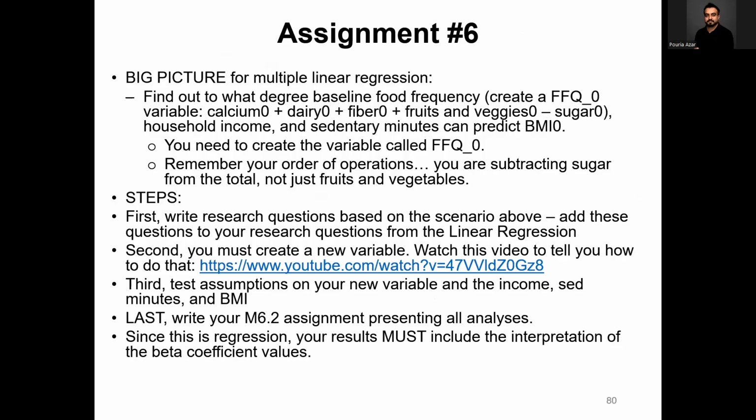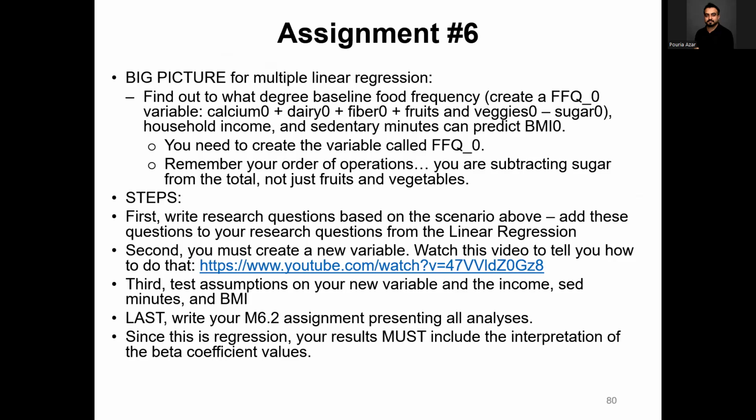For the second part of the assignment, you will have to run one multiple linear regression to find out to what degree baseline food frequency, household income and sedentary minutes can predict BMI at baseline. You need to create a variable called FFQ at baseline, or FFQ underscore 0, using the variables calcium, dairy, fiber, fruits and veggies, and sugar.